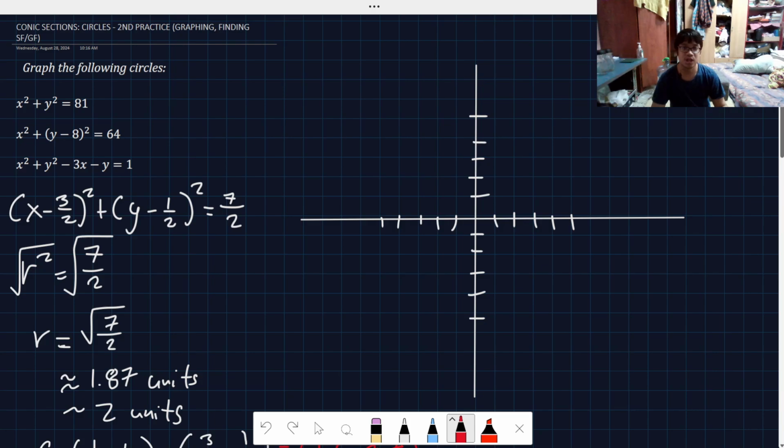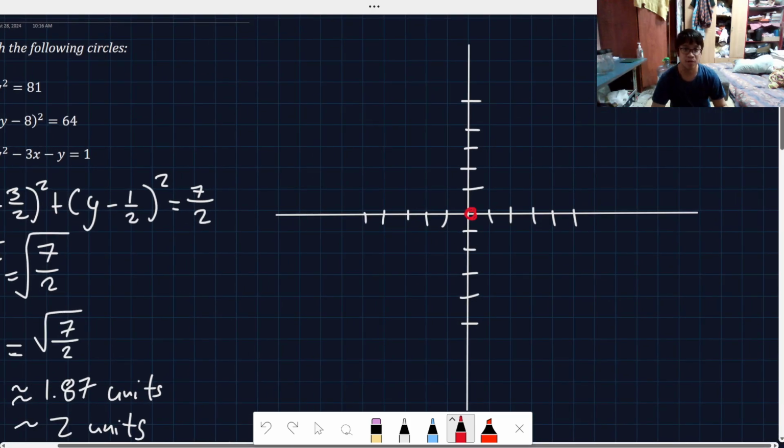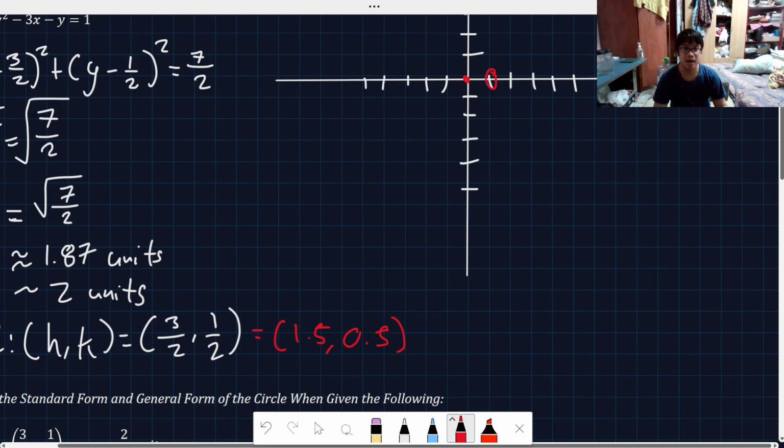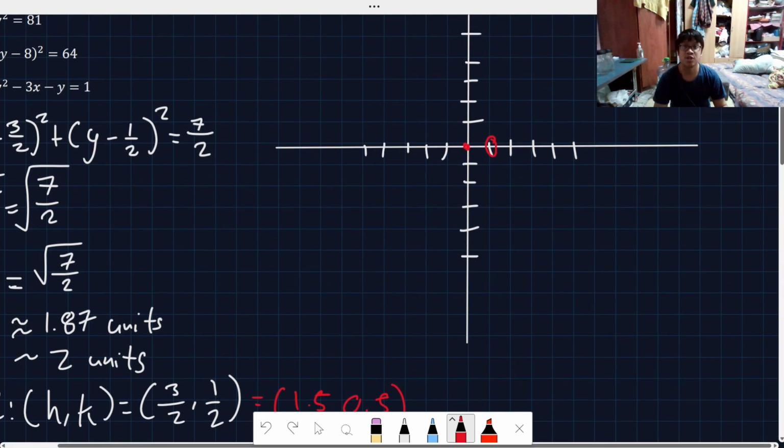So my integers here are multiples of 1: 0, 1, 2.